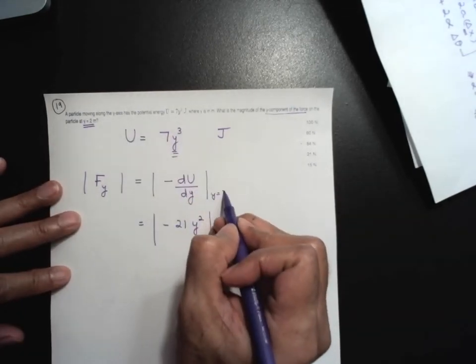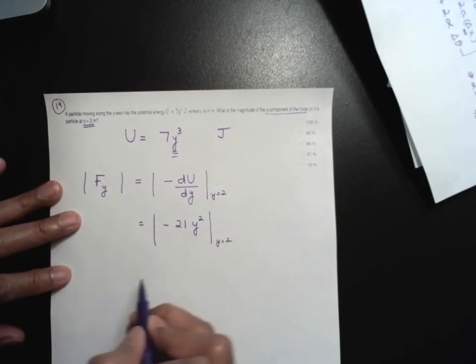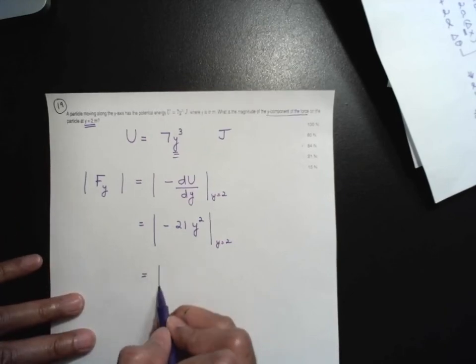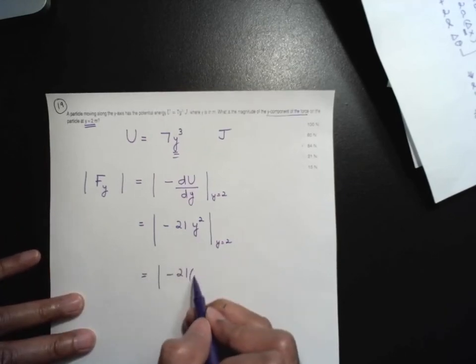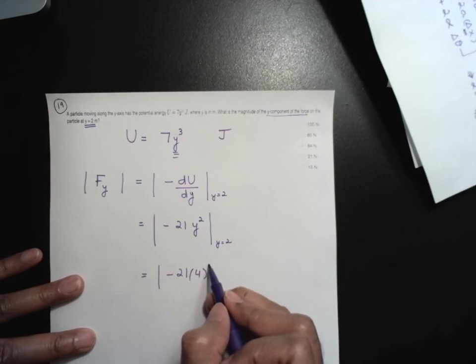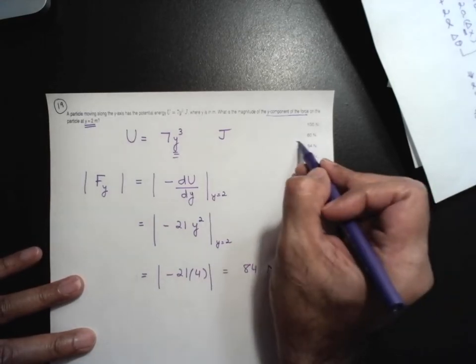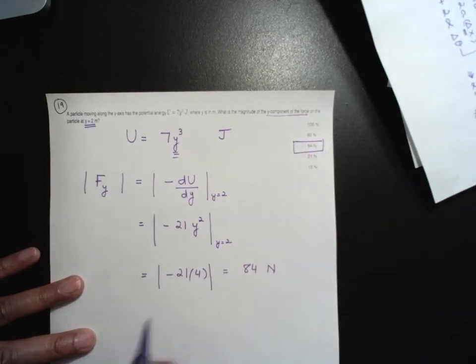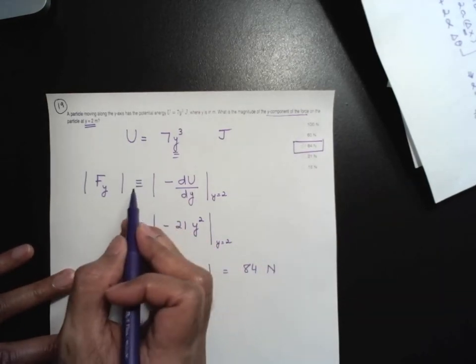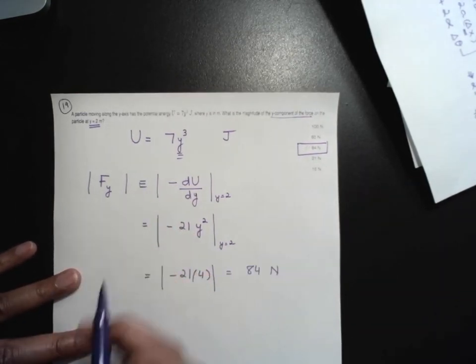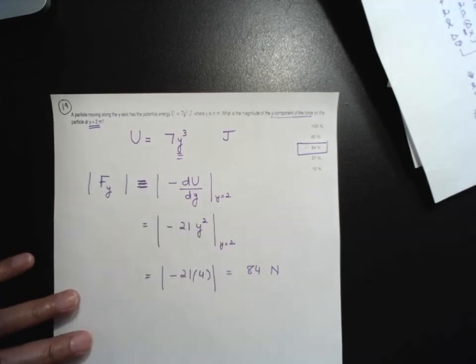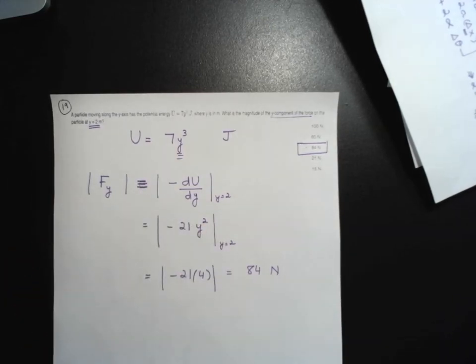So this would be magnitude of minus 21 times 4, and so that's 84 Newton. I just used the definition, 3 lines. Any questions there?